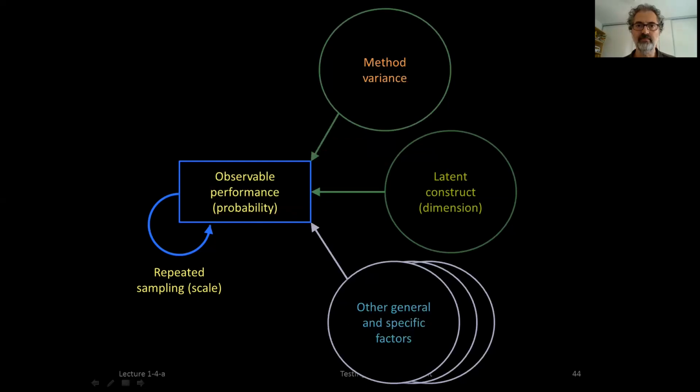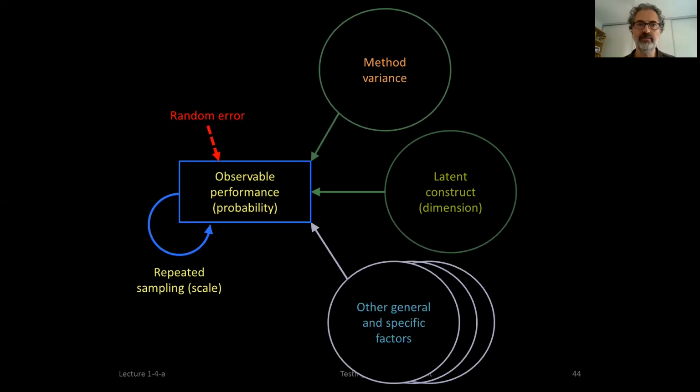In addition, there is noise, or random error, which is non-systematic variance and can be due to things like temporary distraction or due to the probabilistic nature of this connection. So the same item may sometimes lead to a correct and other times to an incorrect response due to circumstantial random effects that are cumulatively called noise.